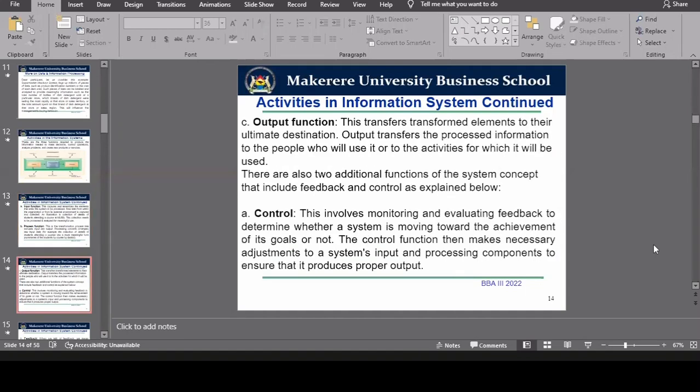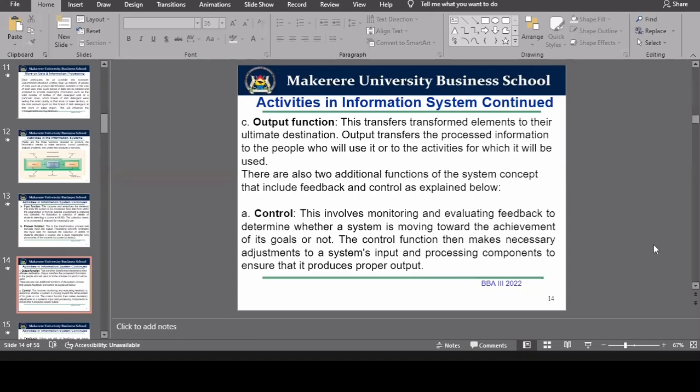Then the output function. The output function transfers transformed elements to their ultimate destination. Output transfers the processed information to the people who will use it or to the activities for which it will be used. The output function here also covers dissemination, or what we call distribution.